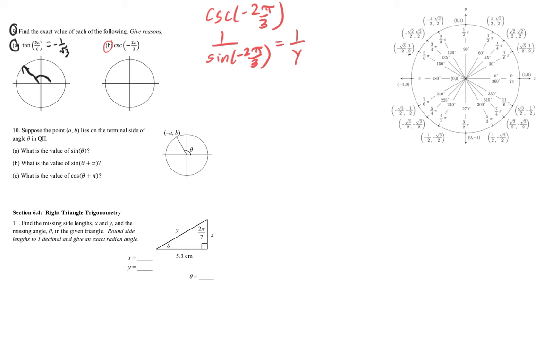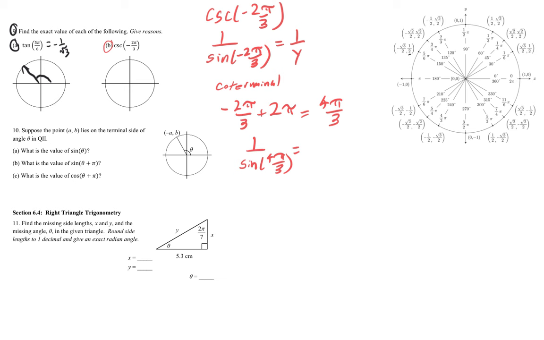To find our coterminal, we take negative 2 pi over 3 and add 2 pi to that, and we're left with 4 pi over 3. So really what we want to find is what 1 over sine of 4 pi over 3 is.